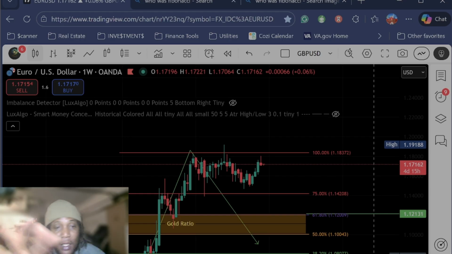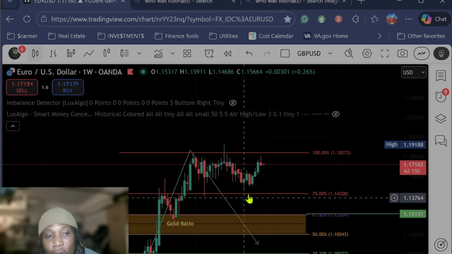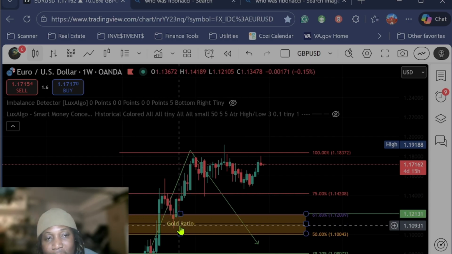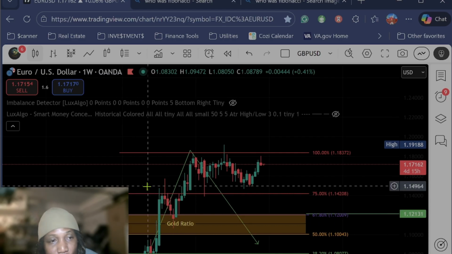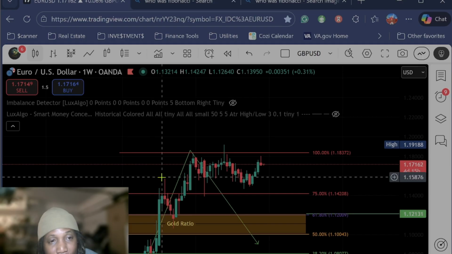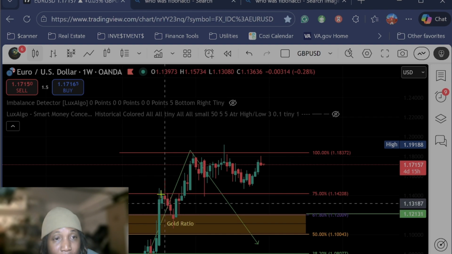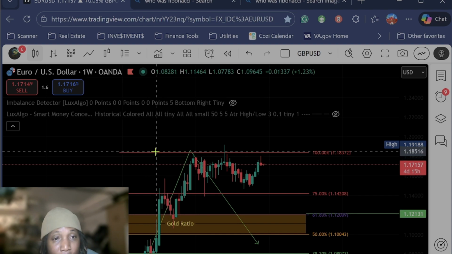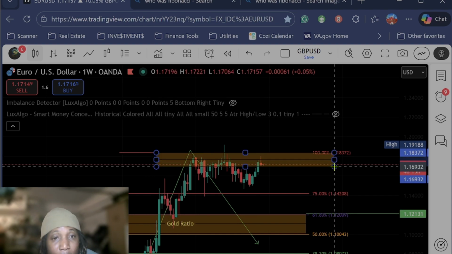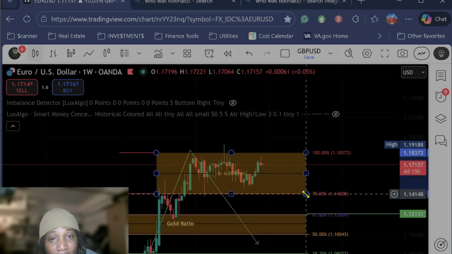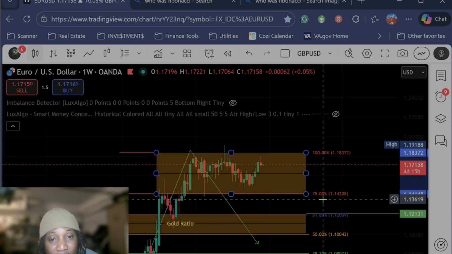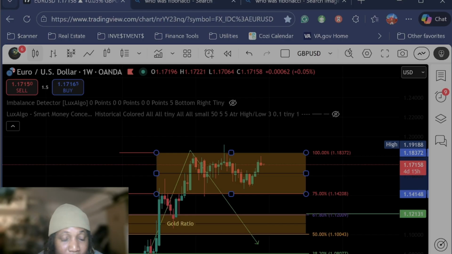So if I delete the Fibonacci retracement when I'm done, I'm just letting you know that price likes to retrace here. If you notice, price made it all the way up into the supply and then sold off. So up here is the supply. Let me put another box, right? And the supply is 75% to 100%.